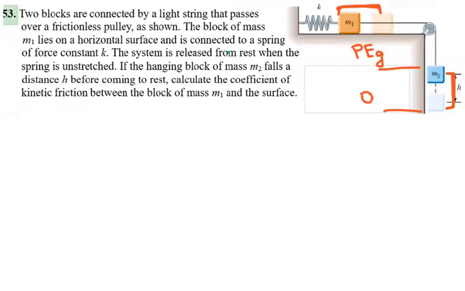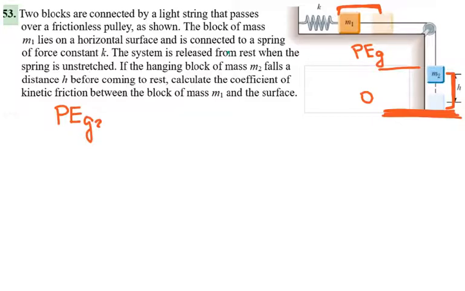So I have the gravitational potential energy of the block 2, that's what I have before it got stretched. And afterwards, by the way, not all the gravitational potential energy is going to go to the potential energy of the spring. Because when the block loses all its gravitational potential energy, the spring is going to have potential energy because it's going to be stretched.